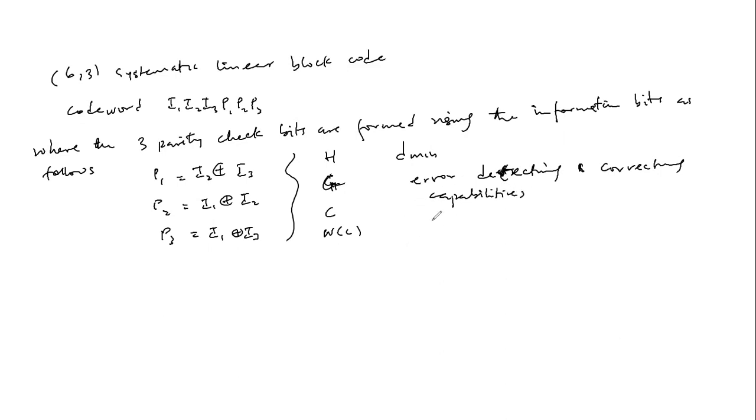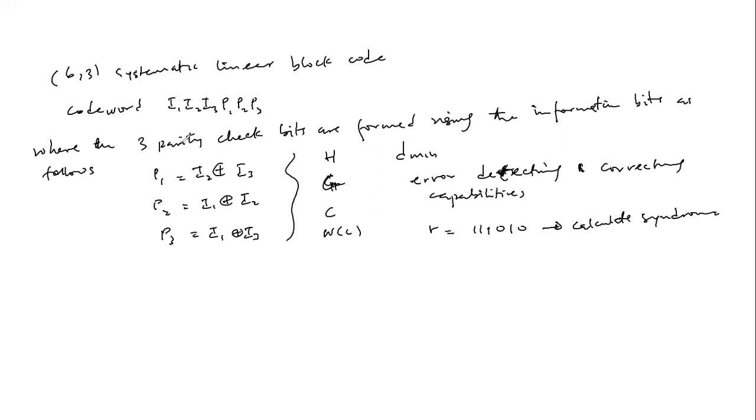Now, if, for instance, the received sequence is 1, 1, 1, 0, 1, 0, then we want to calculate the syndrome. Well, I'll just walk through this. Nothing too serious.